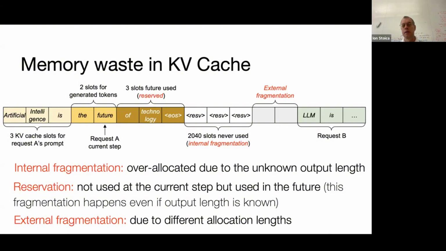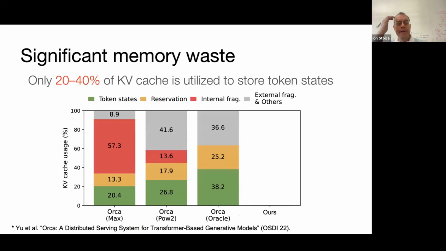You can still end up with 10 gaps of 1,000 tokens, but now I need 2,000. Because I need 2,000 tokens contiguously, I cannot allocate, although there is enough free space in memory. And this is pretty bad.